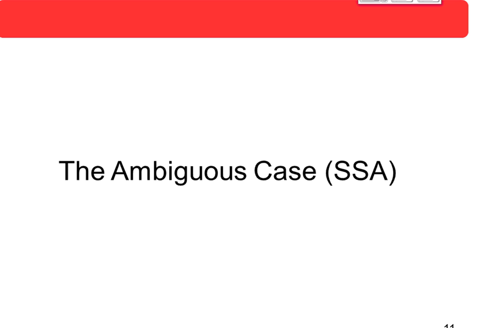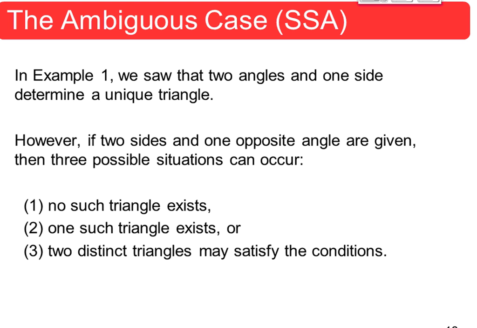So this is called the ambiguous case, and in geometry we called that the naughty word backwards, or you personally might have called it whatever you want, but that's what I say. So here is the ambiguous case. If we have two angles and one side, it is a unique triangle.